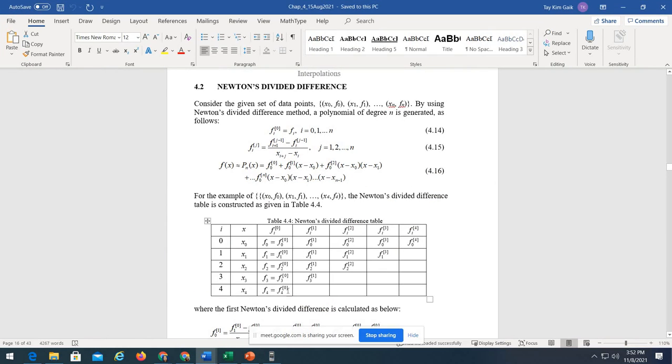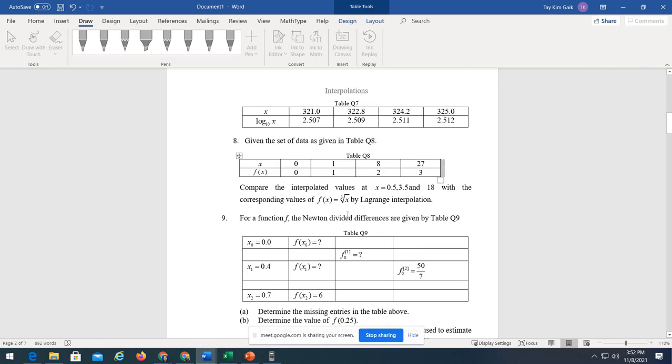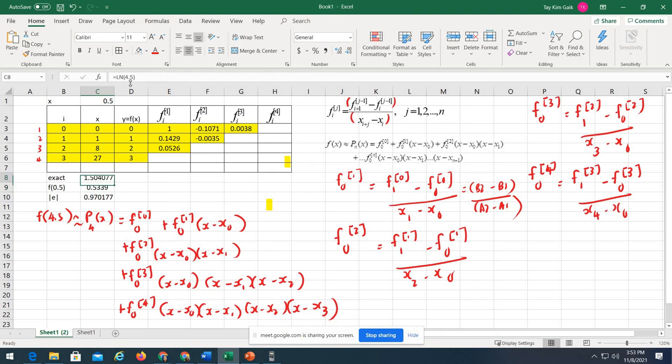Compare back. Where is it? Just now. And the question says the f(x) is actually generated by the cube, meaning it's actually x power 1/3, or cube root. So you can check with the exact solution.